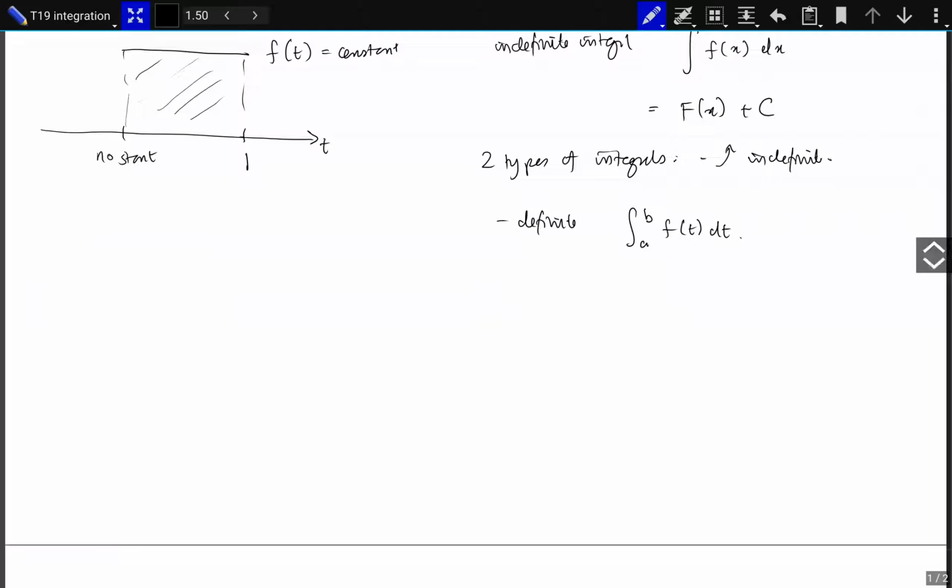And in the definite case, the reason we think of it as area under the graph is, suppose you have, say, a curve. The integration, say this is between A and B, is this approximation of area as these bars get thinner and thinner.